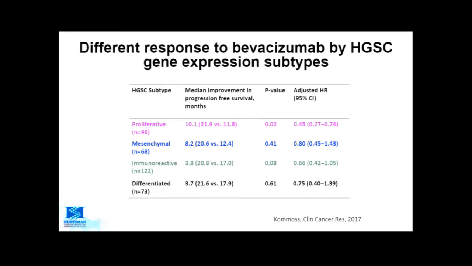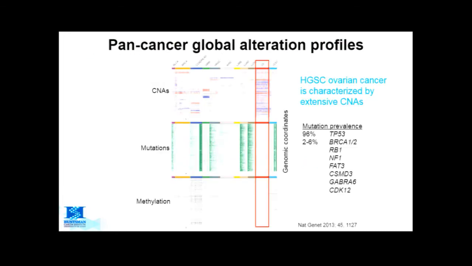There's also, to apply this to precision medicine, colleagues who went back post hoc and typed the tumors that were in this bevacizumab trial and observed differences in median improvement in progression-free survival that were quite different across the gene expression subtypes.